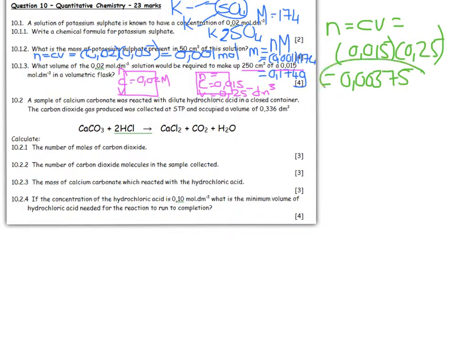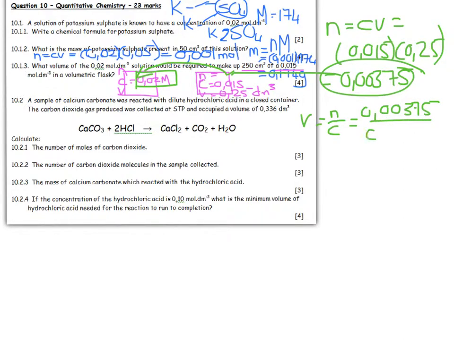I take that number of moles and put it into the other container, and now if I'm looking for volume, volume is equal to number of moles divided by concentration, which is 0,00375 divided by the concentration of the first solution, 0,02, and we land up with 0,1875 decimeters cubed.